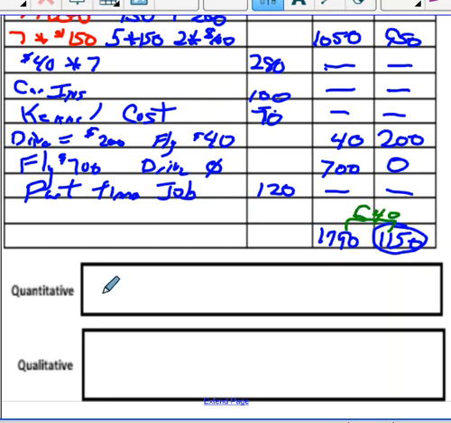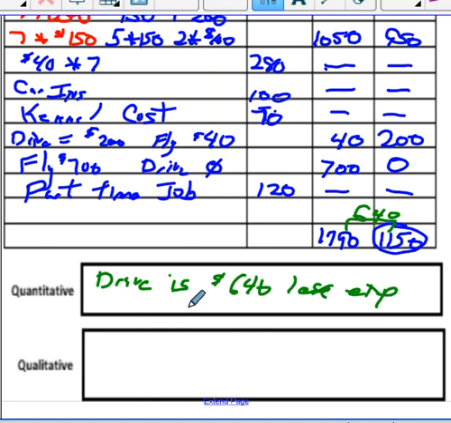So from a quantitative analysis, that means driving is $640 less expensive.